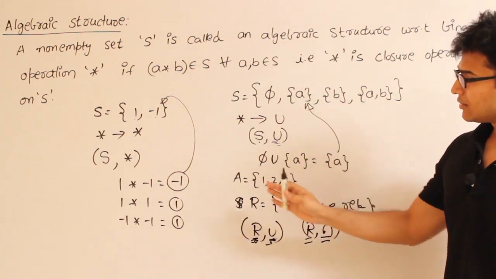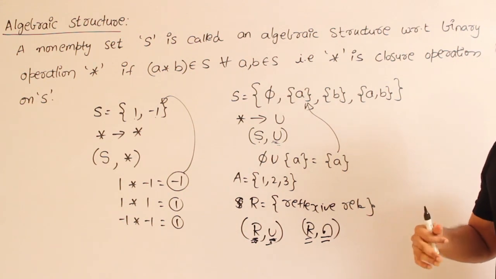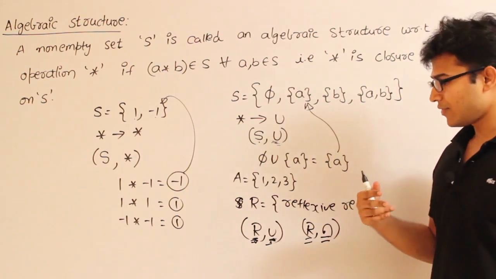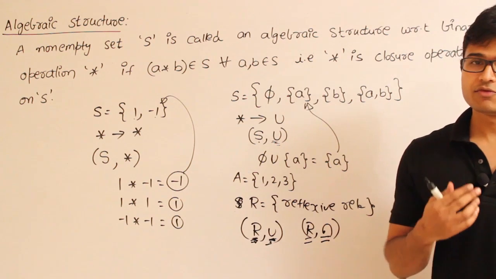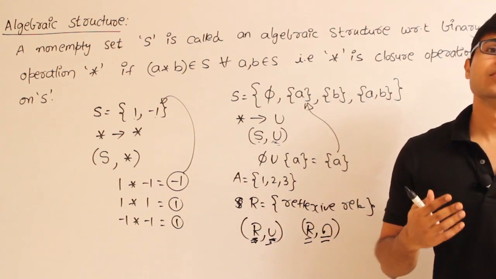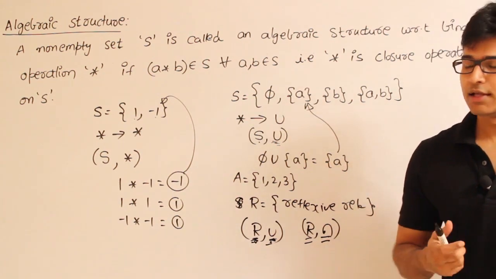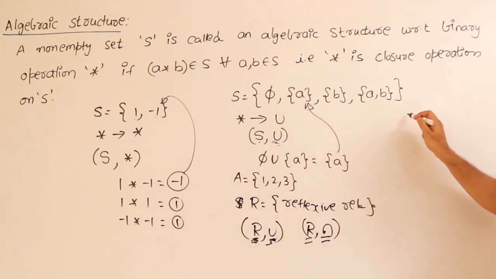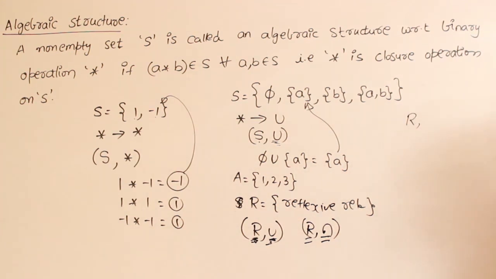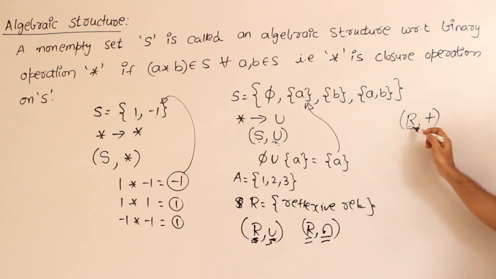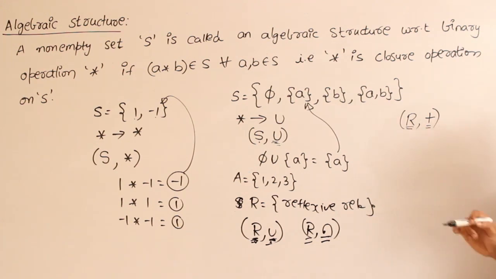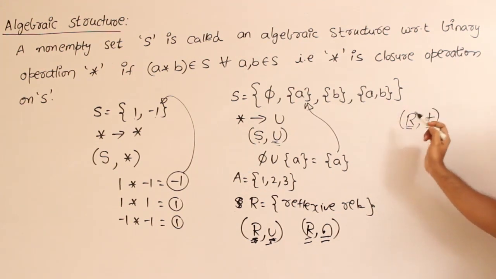So till now we have seen only finite sets on which this abelian structure is defined, but it can even hold true for infinite sets as well. For example, if I have the set of all real numbers and I take the operation plus, the set of all real numbers is closed under the operation addition, which means if I take any two real numbers and add them, the result is also going to be a real number.